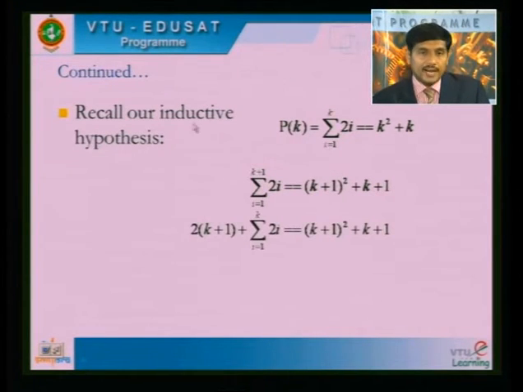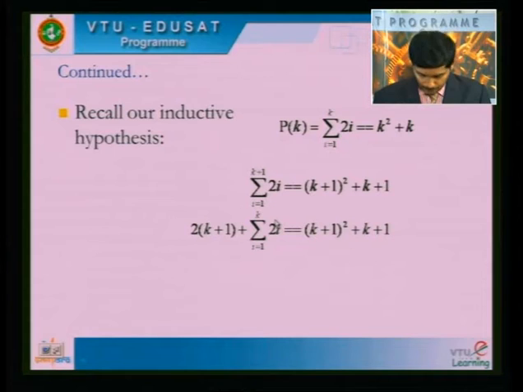In the left hand side, this can be rewritten as 2 times (k+1), the next term taken outside, plus the remaining sum with i running from 1 to k of 2i. This is assumed true, and its value is k squared plus k. We can substitute it here.